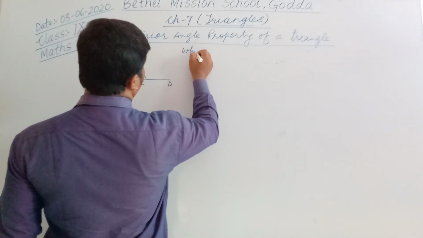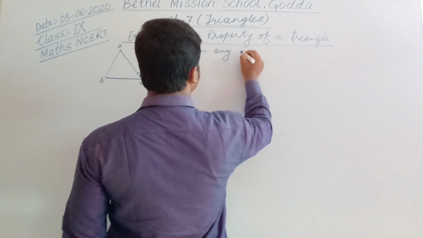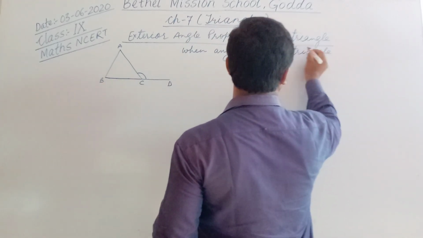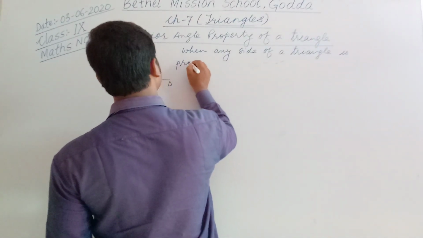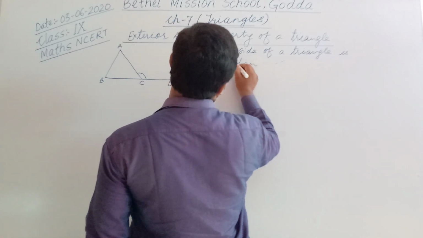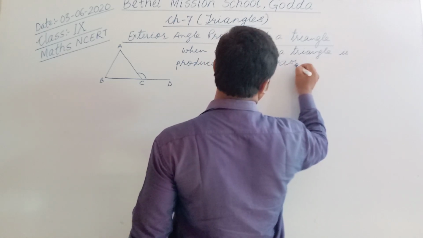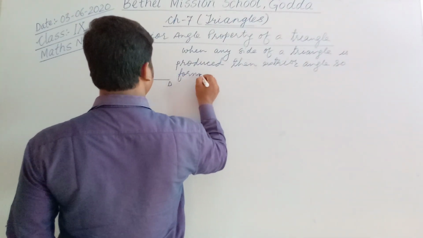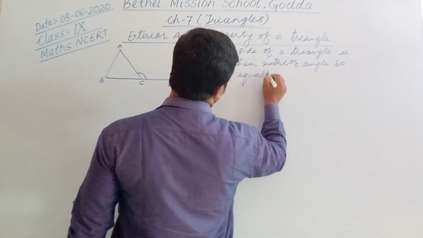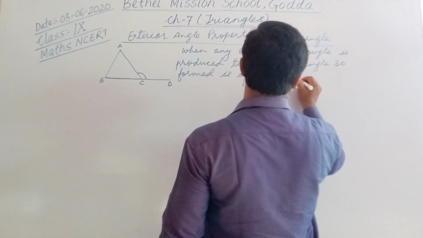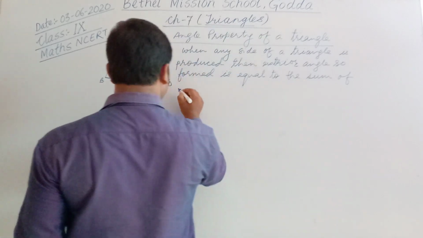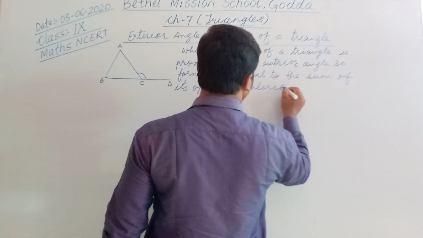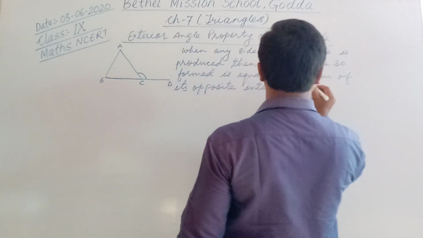So when any side of a triangle is produced, then the exterior angle so formed is equal to the sum of its opposite interior angles.